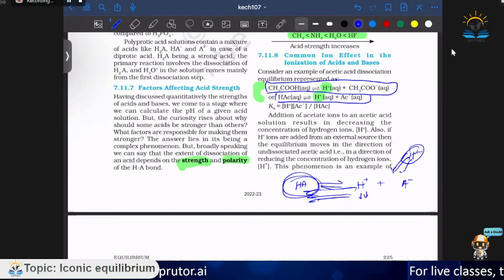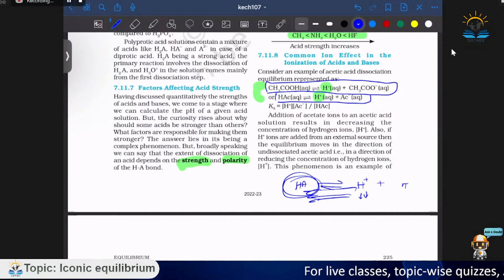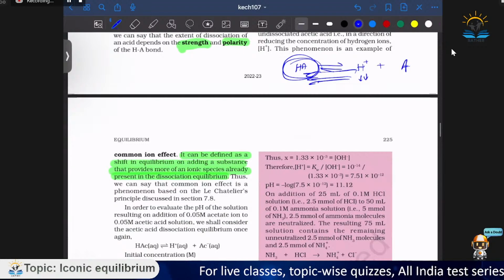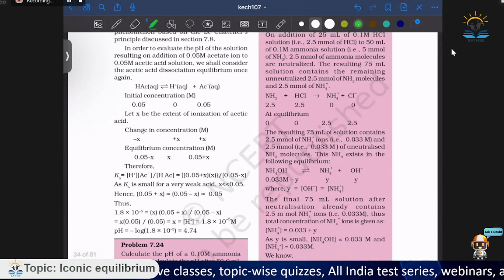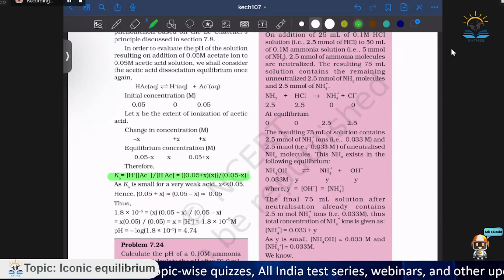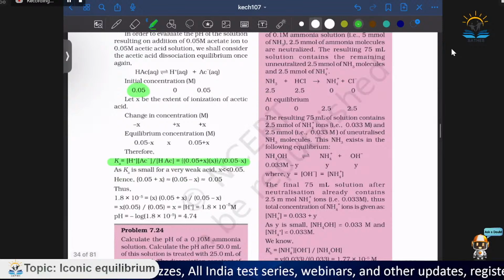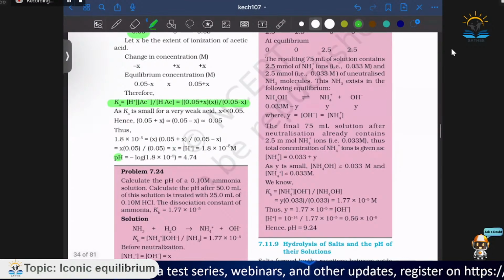If H plus is present already in the solution, the common ion effect will be shown. Dissociation will be prevented. The amount of dissociation which we were expecting is not going to be seen. And there is an equation also. You have to calculate with this equation also. Like here, the initial concentration is 0.05 molar, and you have to calculate pH after deriving your own formula.